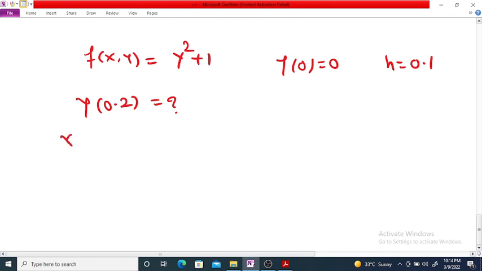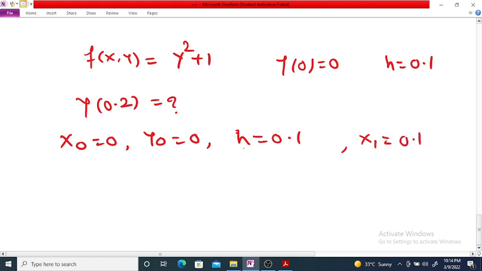So here, given x0 is 0, y0 is 0, f of x,y is y square plus 1, h is 0.1, and x1 is x0 plus h, which is 0.1.